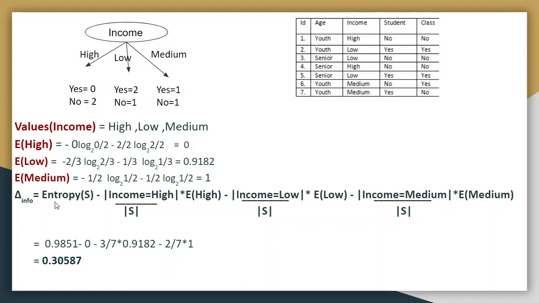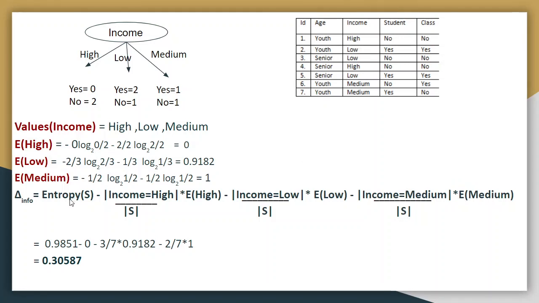So the information gain would be the entropy of the data set before splitting it, minus the cardinality when income is high divided by the total number of records into entropy of high, minus the cardinality when income is low divided by the total number of records into entropy of low, minus the cardinality when income is medium divided by the total number of records into entropy of medium.